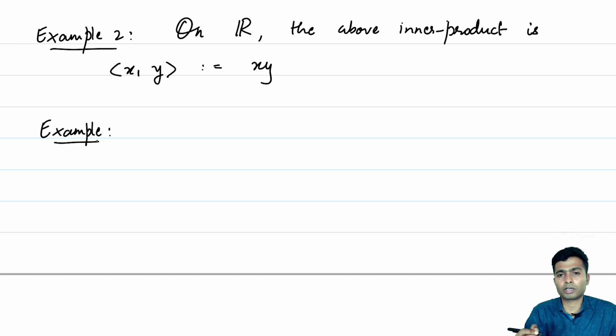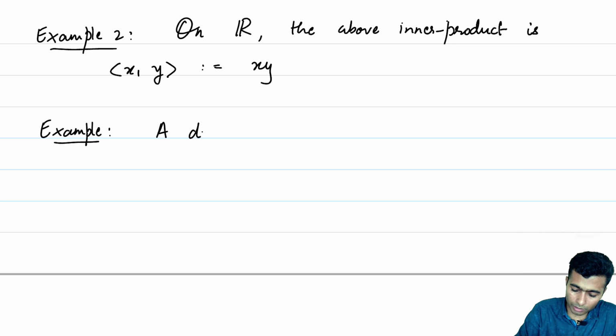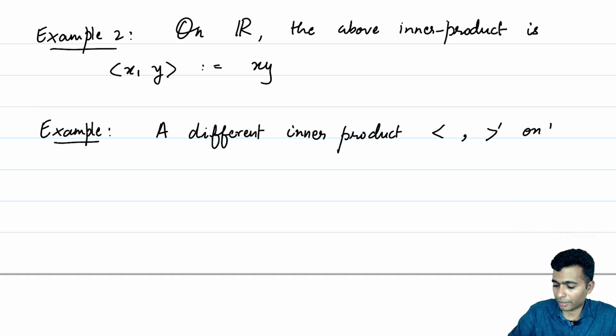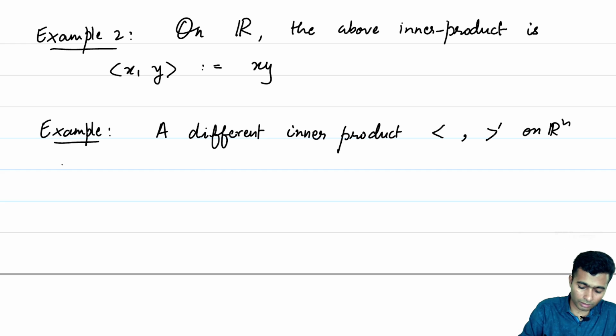Okay, so let's look at a different inner product on Rn. So let me now change the notation. Let me put a prime on it. So define the following.